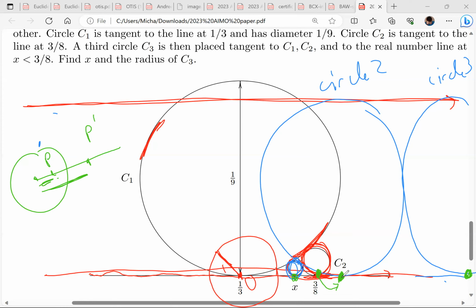It was 1 on 24, right? So in this diagram, this distance here is 1 on 24. So can you tell me what this distance has to be then?